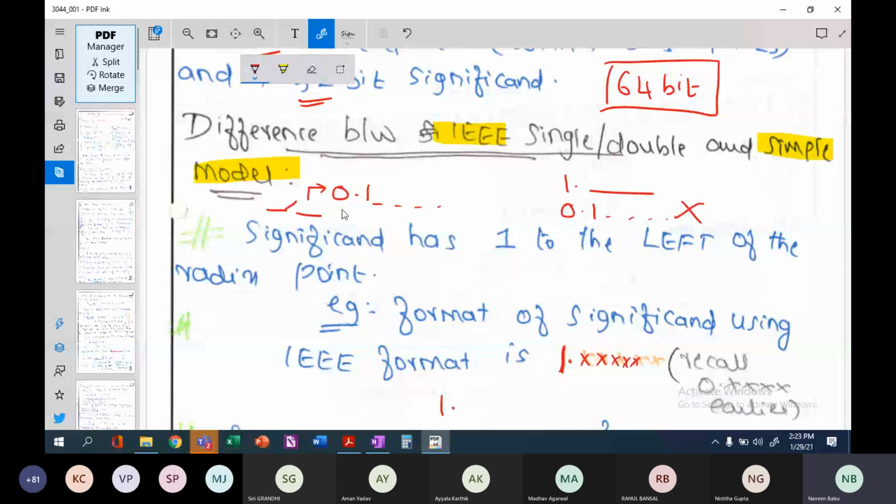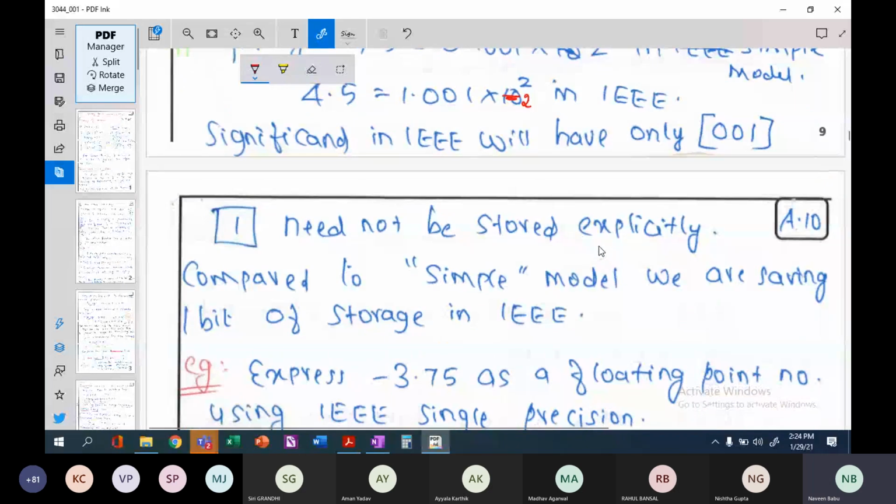Though this representation is good, we want to improve on saving data. If you represent numbers as 1 dot something and ignore that one, you save the storage required for it. So if you make 1 dot a standard, the advantage is that the 1 need not be stored explicitly.